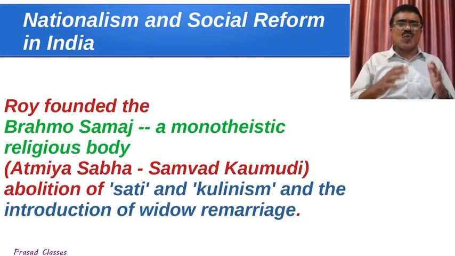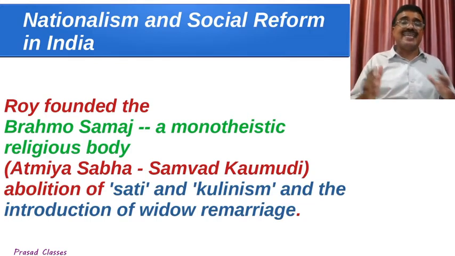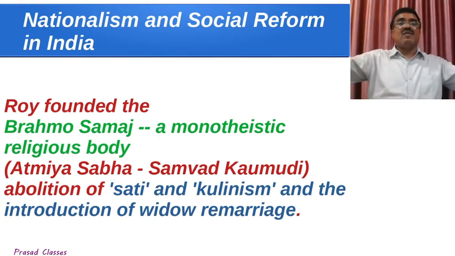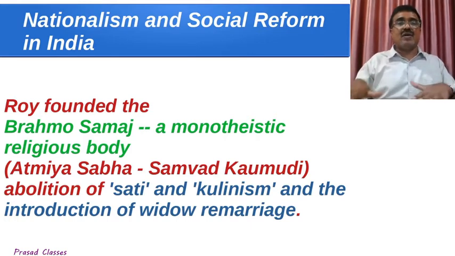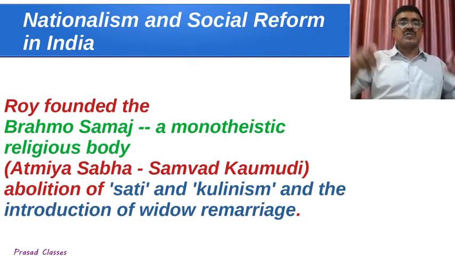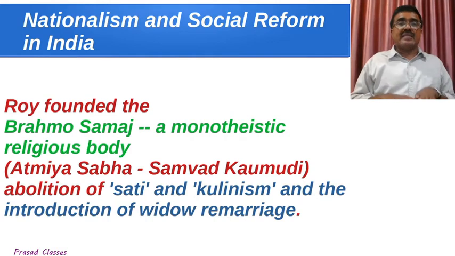Then Kulinism was some sort of practice initiated in Bengal actually, and it spread widely, where we have to keep the record of the kulas and marriage should follow certain rules.